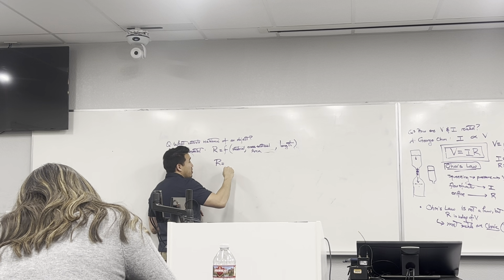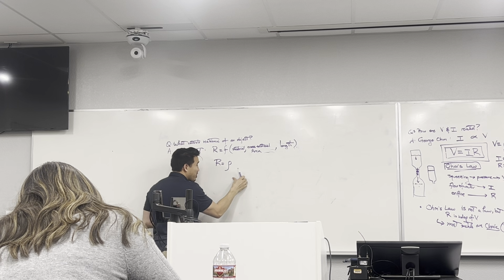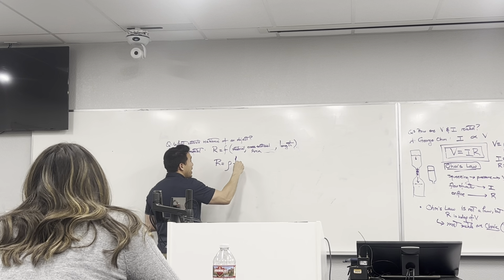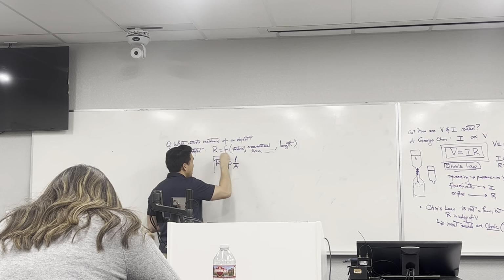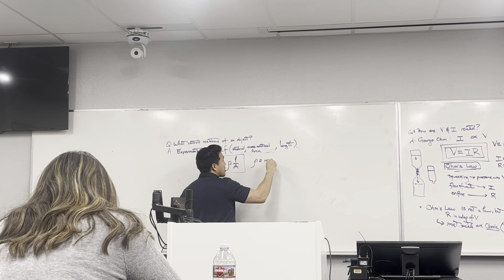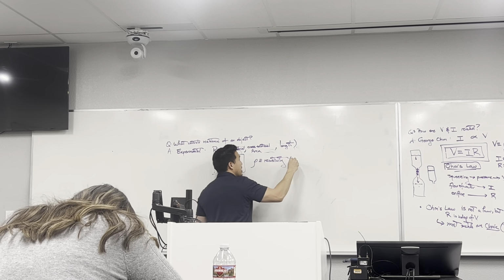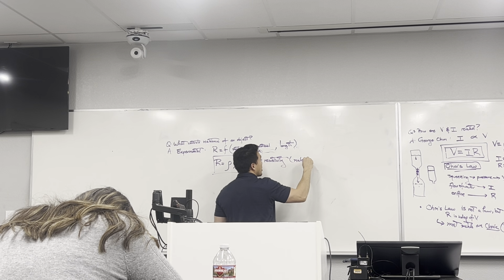So when you put all this together, you're going to get an equation that looks like this. The resistance is equal to rho, this is the Greek letter rho, not P, times L over A, where rho is defined as the resistivity, and this is the material dependent one.